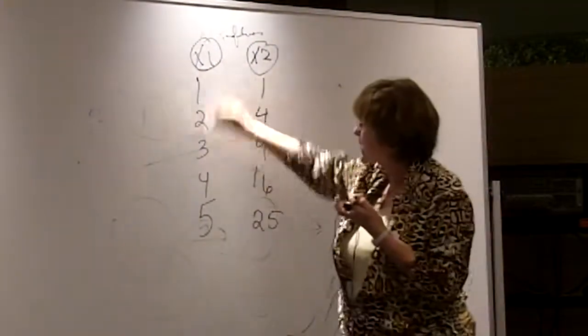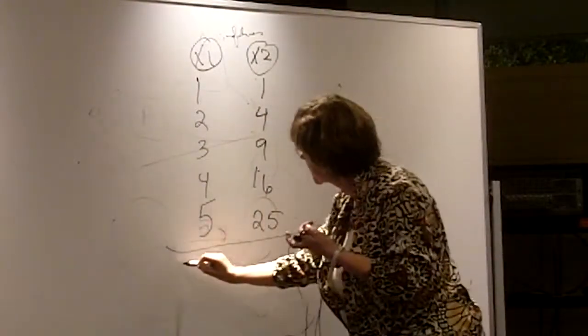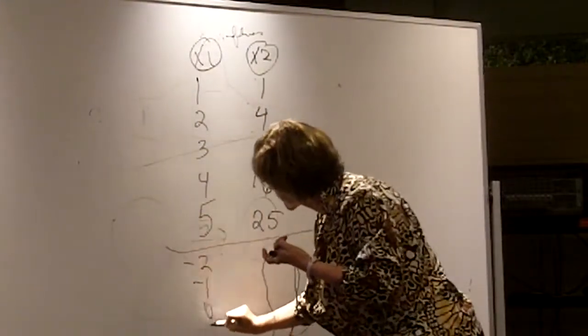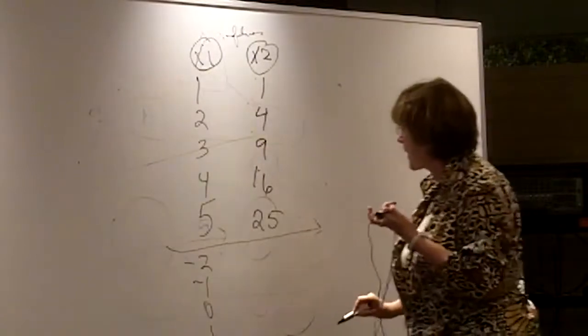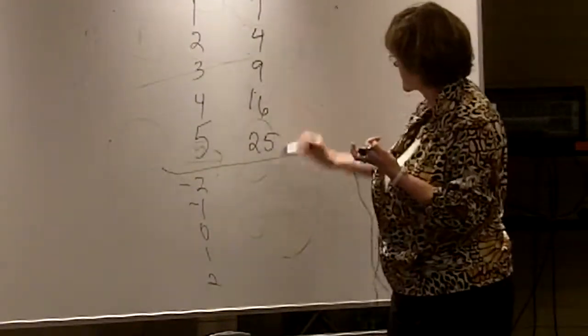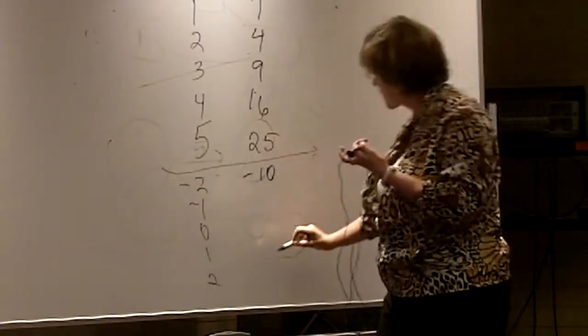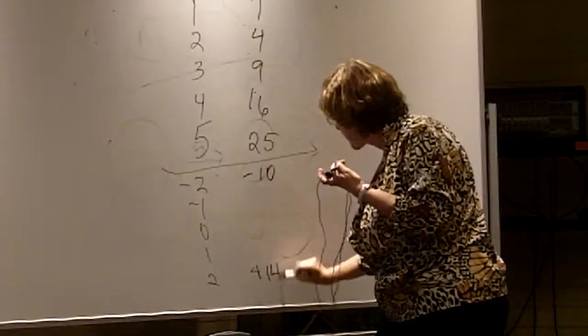And now you center it. If you center these, this is going to be -2, -1, 0, 1, 2. And I think it's 11 that's the mean of this, so this is going to be -10, and this is going to be +14.